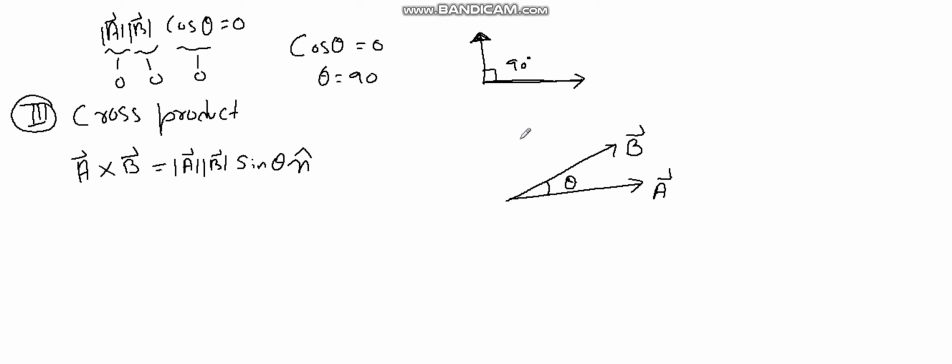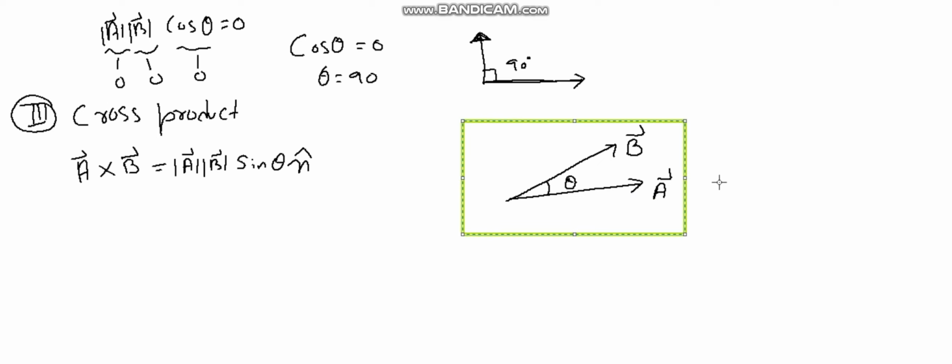A and B will live in a plane. See, this green boundary is nothing but a plane, and the n vector is the perpendicular direction to this plane. The n cap is perpendicular to this plane, and the n vector will be represented by this symbol. It is coming out of the plane.